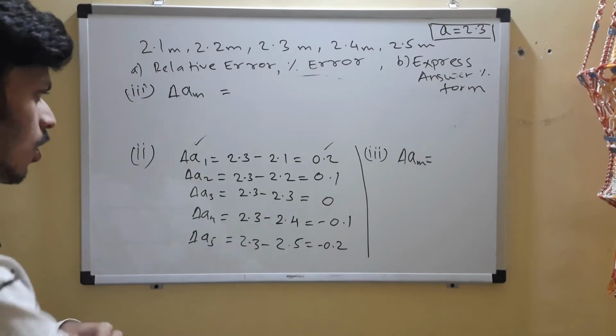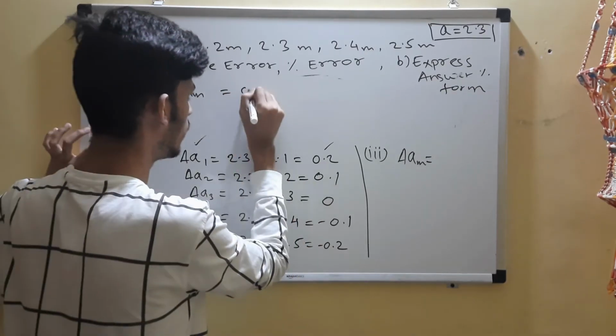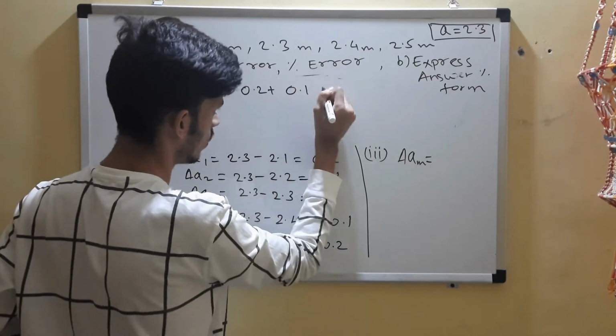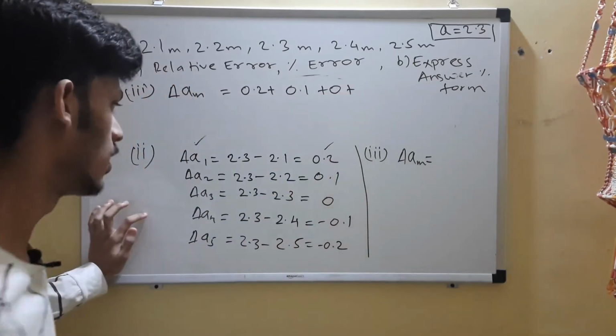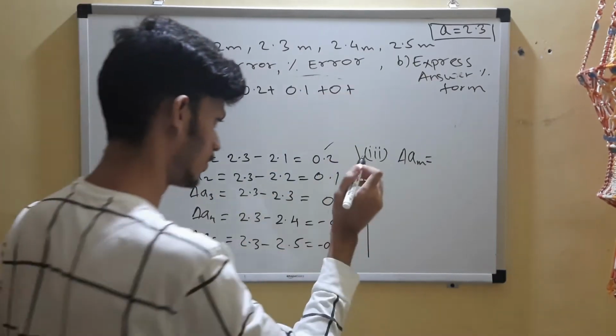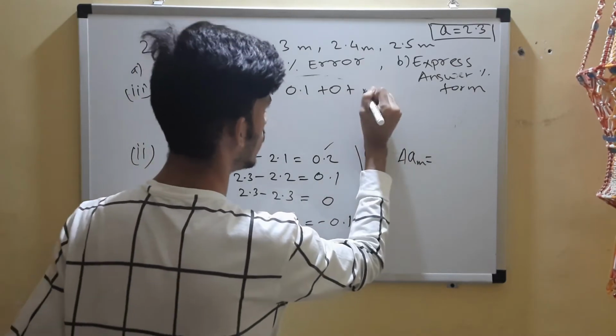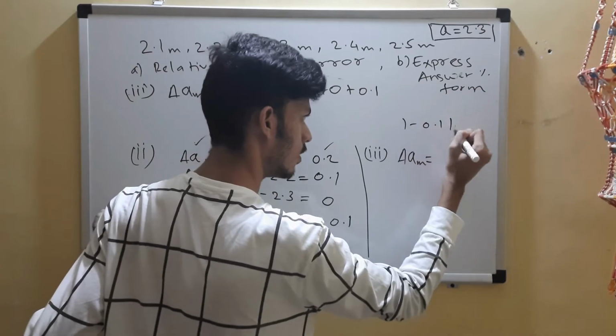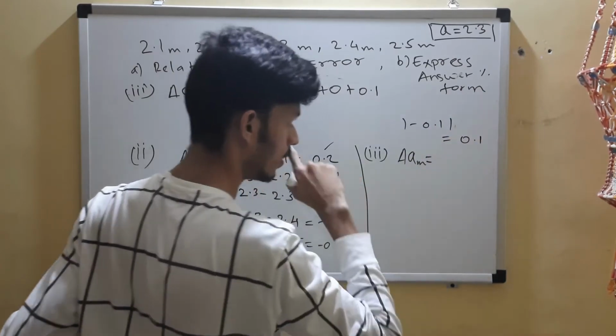So you take the mod. 0.2 is positive, no effect on that. 0.1 positive, 0 is also there. This is negative, so it will turn into positive. Mod of minus 0.1 is equal to 0.1.